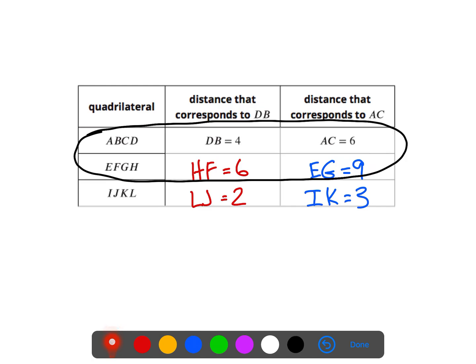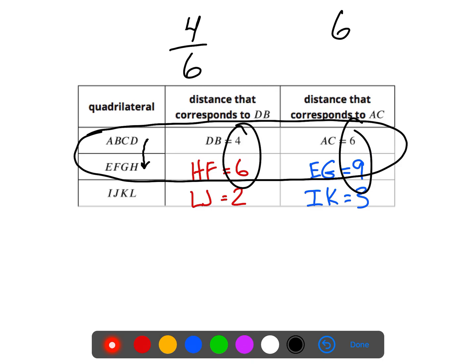So if I were to look at creating ratios for the horizontal distances, if I went from figure ABCD to figure EFGH, I would make a ratio with those two distances of 4 to 6. All right, and you can see those right here. If I made a ratio of those two figures and their vertical distances, seen here, I would write 6 to 9.